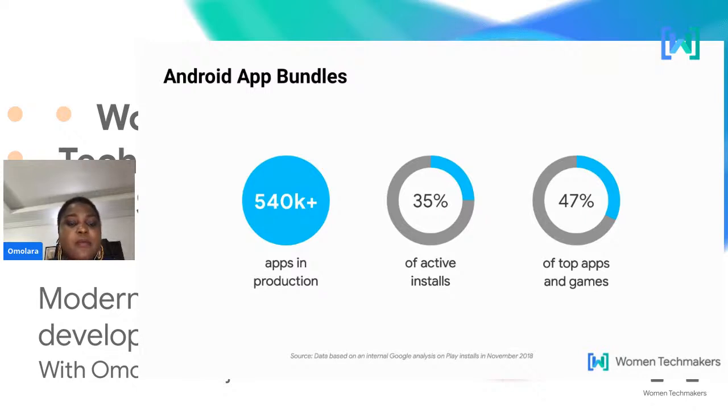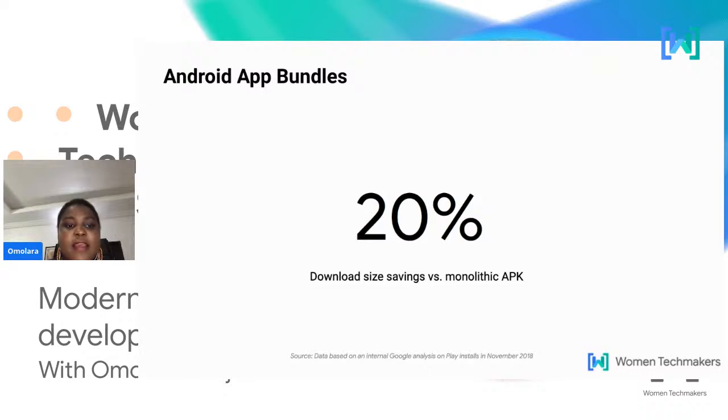For games also, 47% of top apps and games in Play Store use Android app bundles, and it's proven to be successful. Even in my company, we use Android app bundles, and we've seen how it affects our file size at the end of the day. It helps to save almost 20% of download size.